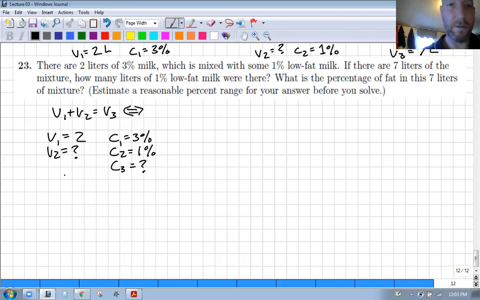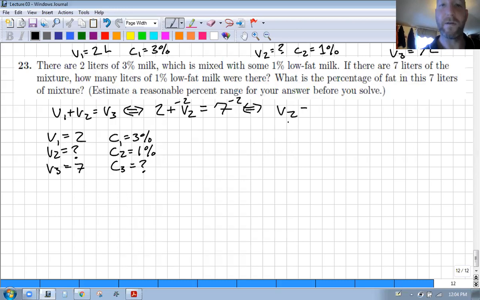They told us that volume 3 is 7 liters. So V3 is 7. Because we know volume 1 and volume 3, we can solve for volume 2. We plug in what we know into this equation: 2 plus whatever V2 is gives us 7. If we subtract 2 from both sides, we know that V2 is 7 minus 2, which is 5.